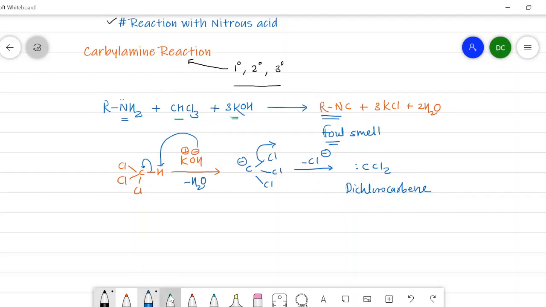So in the next step, I will write here RNH2 plus CCl2, 2 electrons. Now this dichlorocarbene or carbene, it is electron deficient, so nitrogen directly attacks on this carbon and it will form RNH2, then here a C, Cl and Cl.